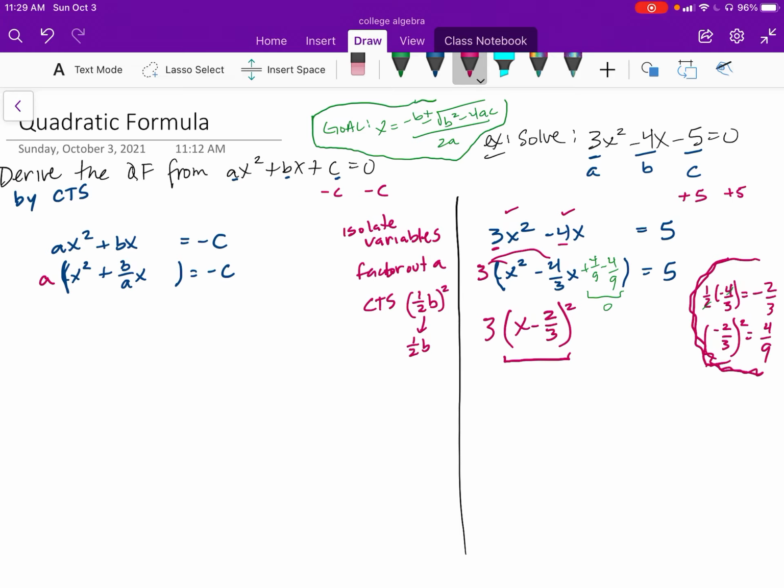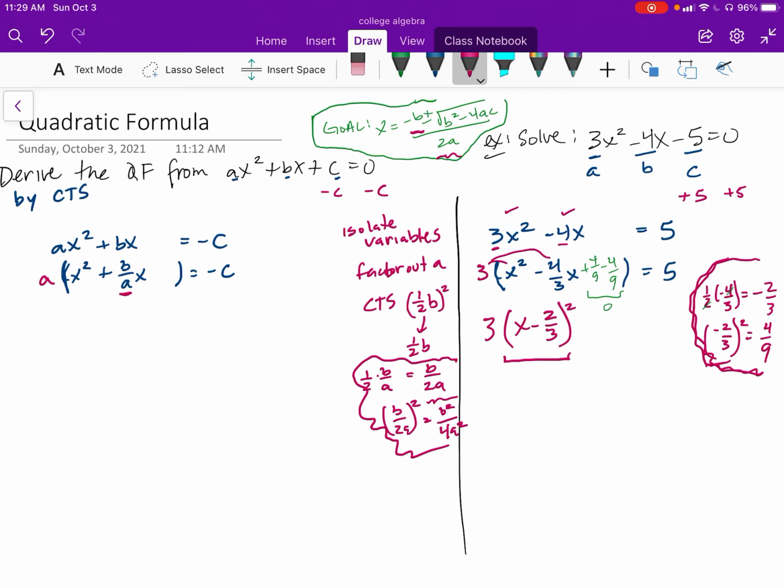Two-step process, right? We needed to do half of b. So in this case, the b term is b over a. So half of b over a is b over 2a. By the way, you'll start noticing some of these come up over here, right? There's the b over 2a. Anyways. And then we need to square this. So again, this is my scratch work. B over 2a squared is b squared over 4a squared.